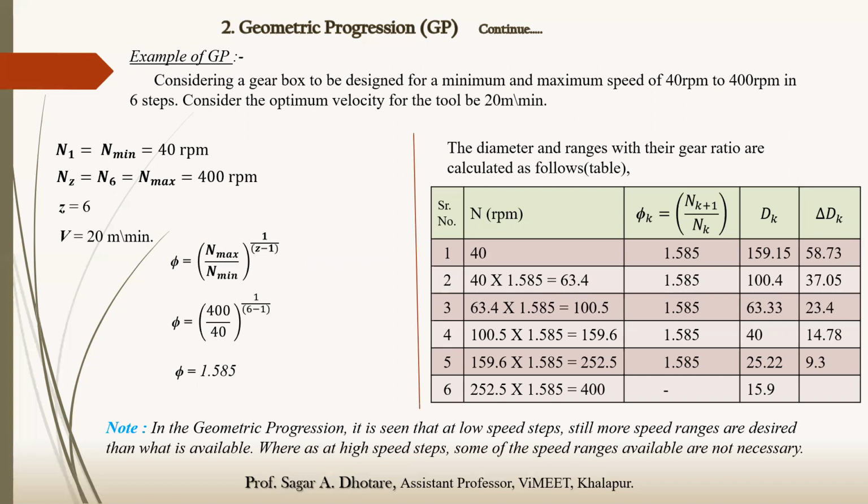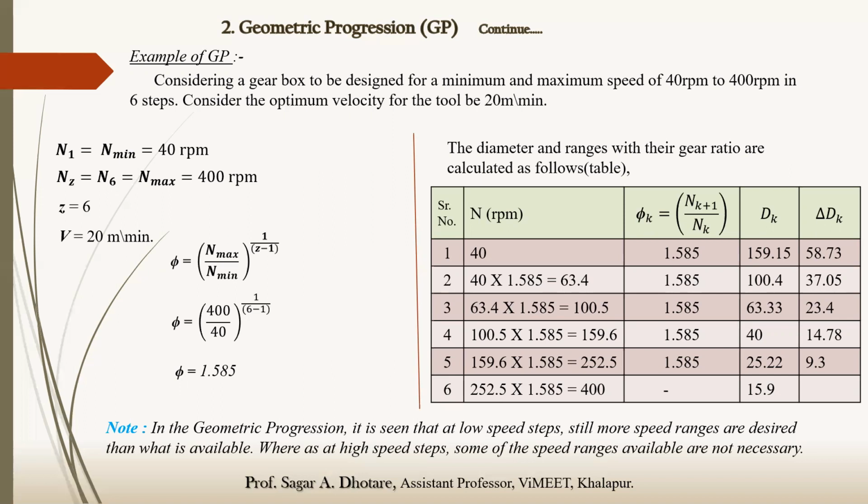The same example we are considering, with the maximum and minimum speed, number of stages, and the application velocity. So here the value of phi we can calculate: n max divided by n minimum raised to 1 upon z minus 1. So phi is equal to 1.585.